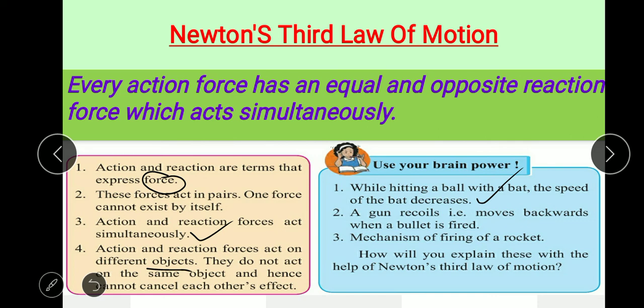Because of that, a reaction force is generated, and the rocket moves in the opposite direction, in the forward direction, students. So when gas is released by the engine at the base of the rocket in the backward direction, the rocket moves in the forward direction. This is again based on the third law of Newton, students.